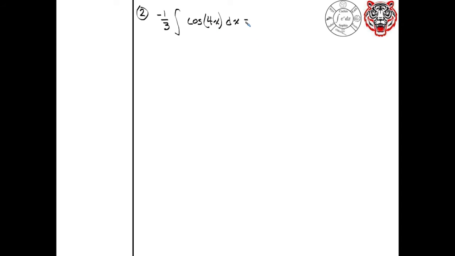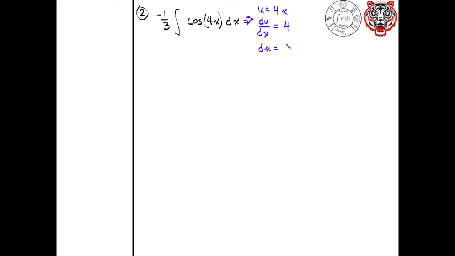Here we go. So u, we need to find du with respect to dx, and then that will solve for this dx. What is u? U is the inner, that's 4x. The derivative of 4x is 4.